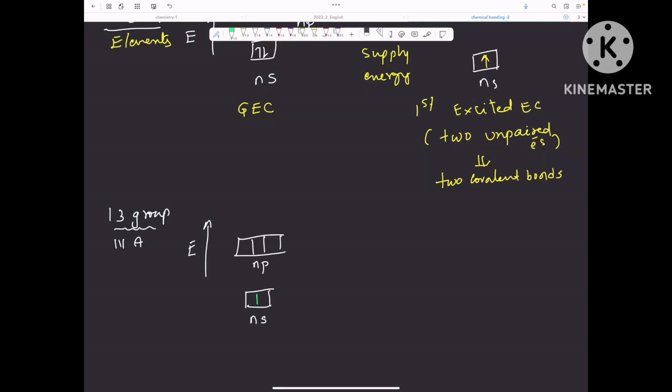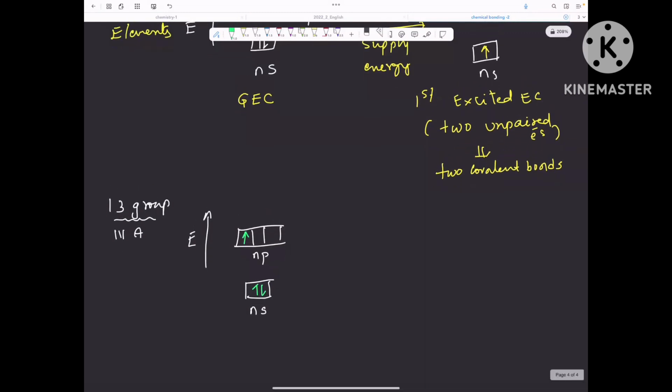Now let us place 2 electrons in ns and 1 electron in np. This is again the ground state electronic configuration. It has 1 unpaired electron. Therefore, in this electronic configuration, a 13th group element can form only 1 covalent bond.